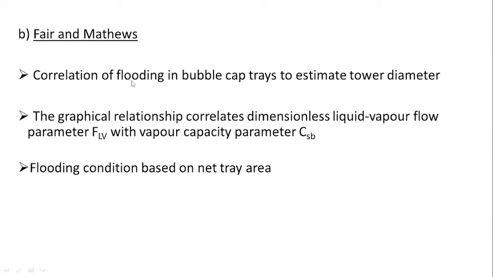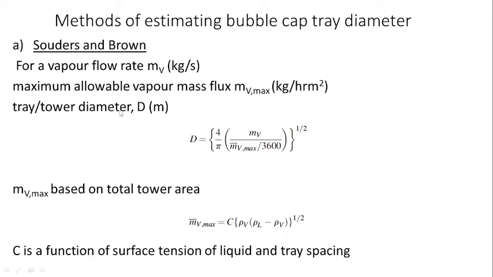It's a correlation of flooding in the bubble cap tray to estimate the tower diameter, and it's a graphical relationship which correlates the flow parameter FLV and vapor capacity parameter CSB. Here the flooding condition is based on net tray area, but in Sauder Brown's method it is based on total tower area.